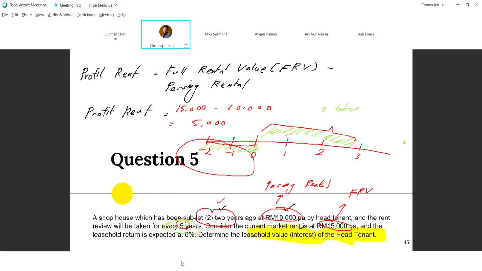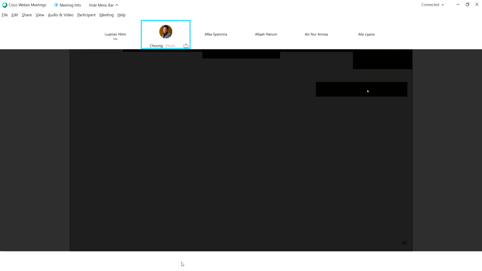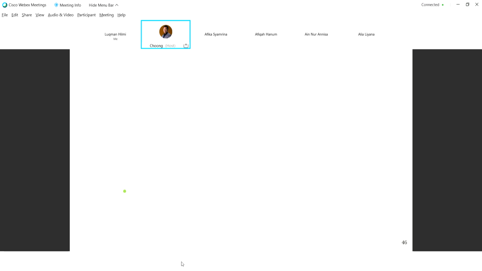Okay class, boleh ke? Okay. So then we just apply the formulas accordingly. Nothing special. So we know that the profit rent at this moment is 5,000.